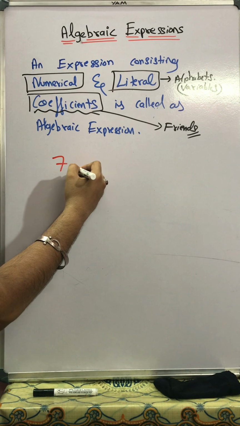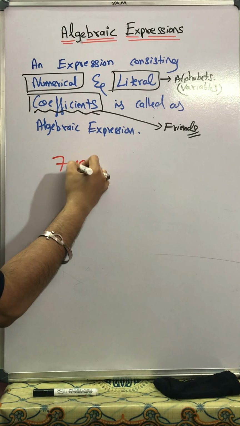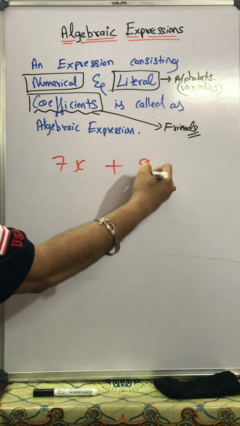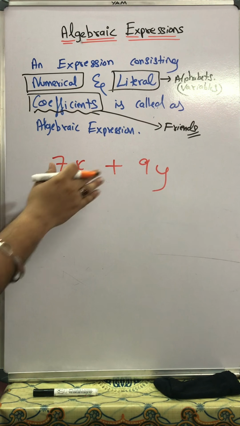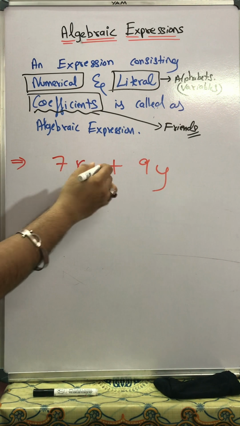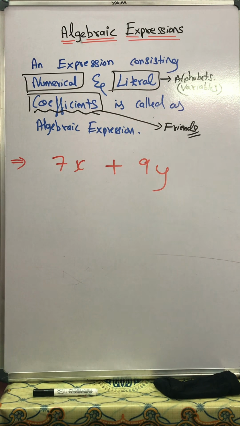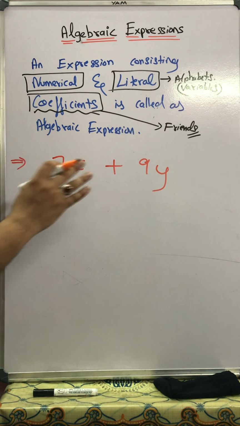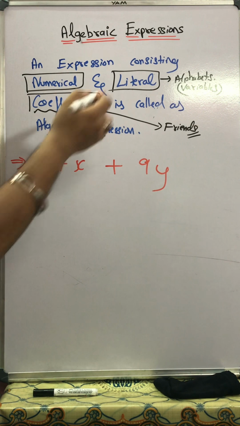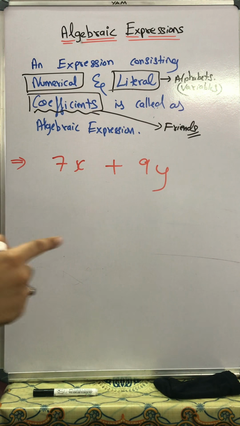7x plus 9y. Students, this is called an algebraic expression. This will not be called an algebraic equation. There is a difference between the word expression and equation.